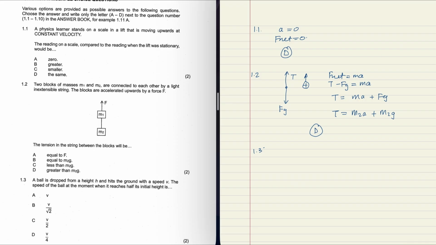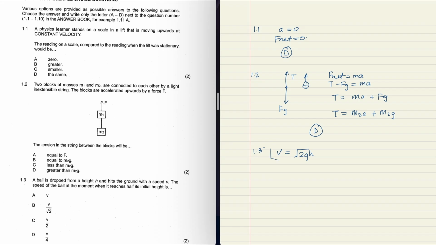And we can then use a shortcut. The shortcut is, if an object is dropped from rest, we can calculate its velocity at any point during its motion by using the formula v is equal to the square root of 2gh. Now there's a few ways we can derive this formula, but that is the formula.